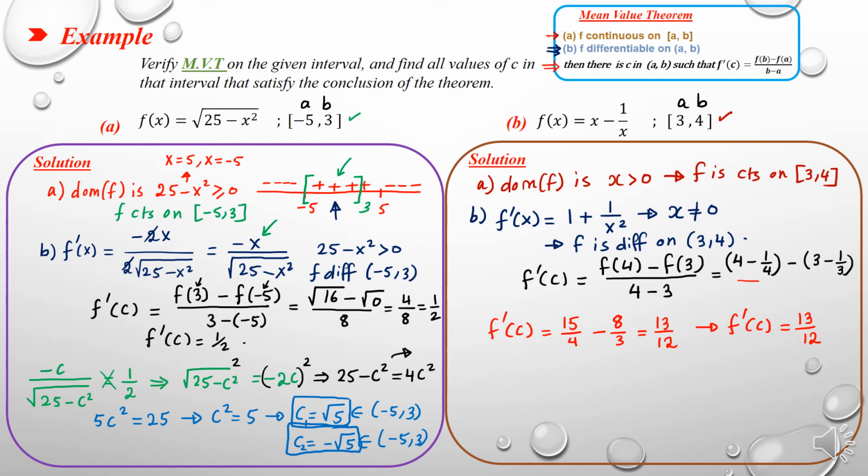Now f prime of C is given here, so we have 1 plus 1 over C squared, this is f prime of C, equals 13 over 12.